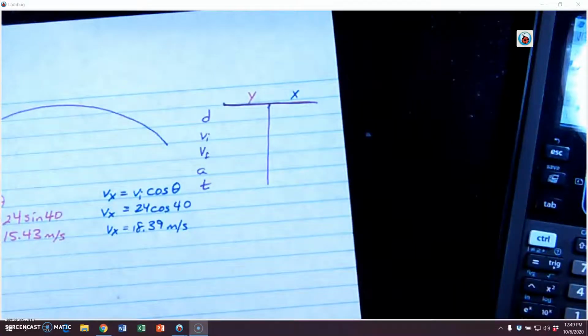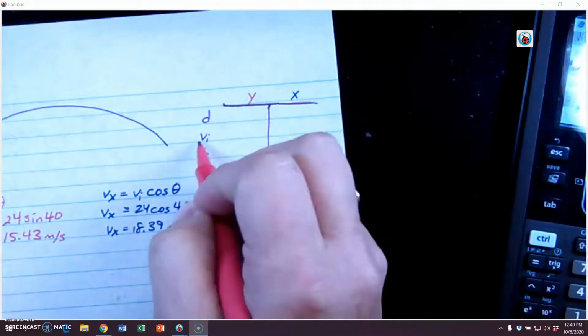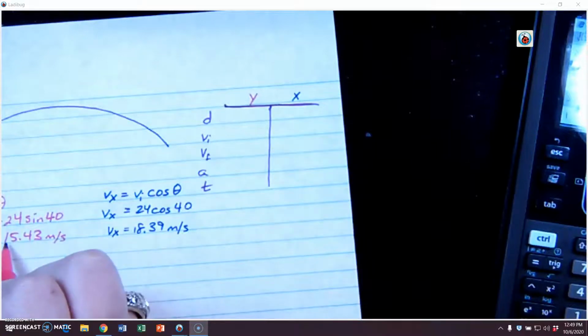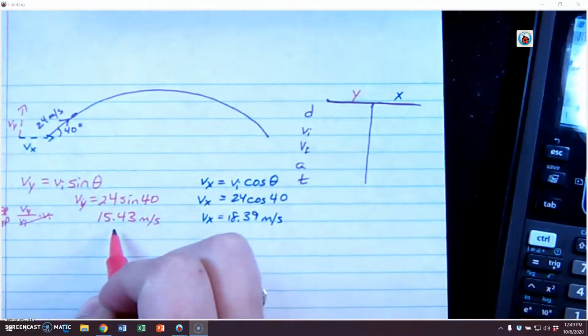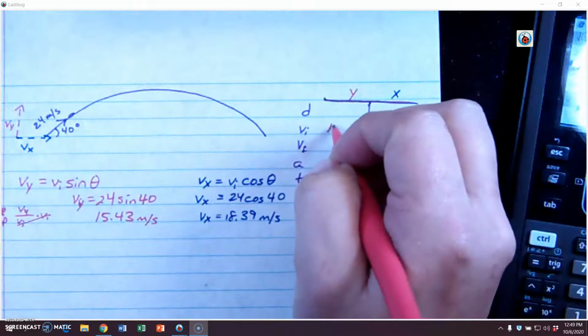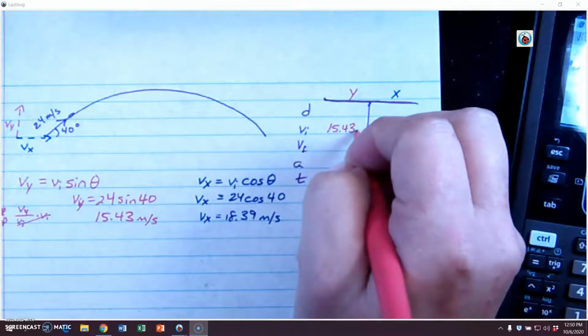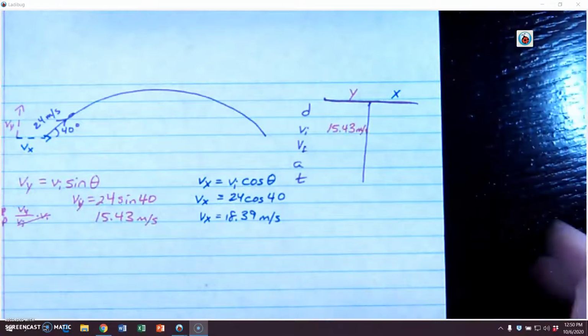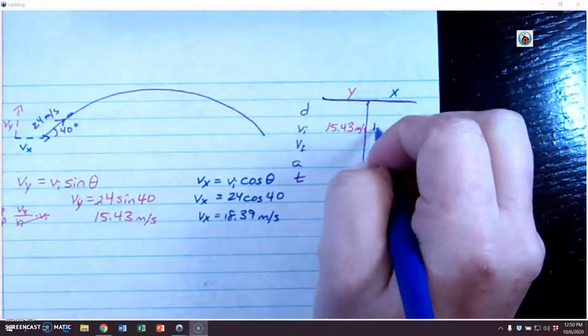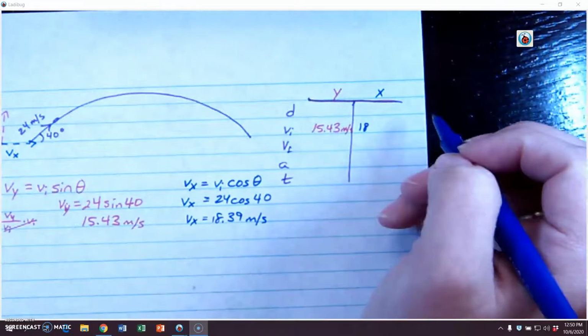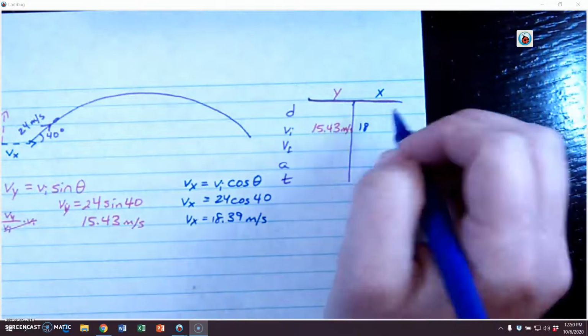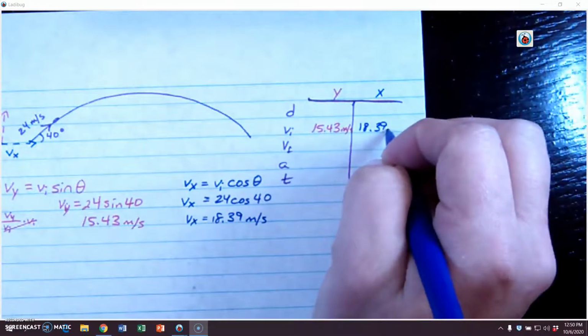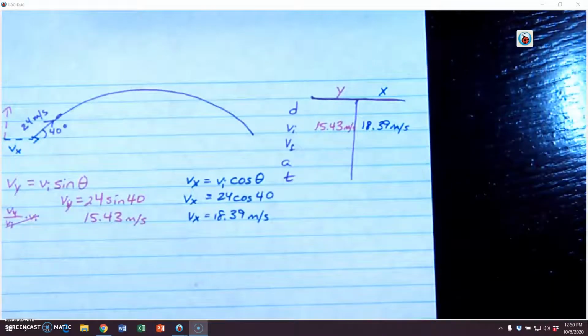Okay, so in the y direction, our initial velocity right here is the 15.43 meters per second. In the x direction, our initial velocity is that 18.39 meters per second.